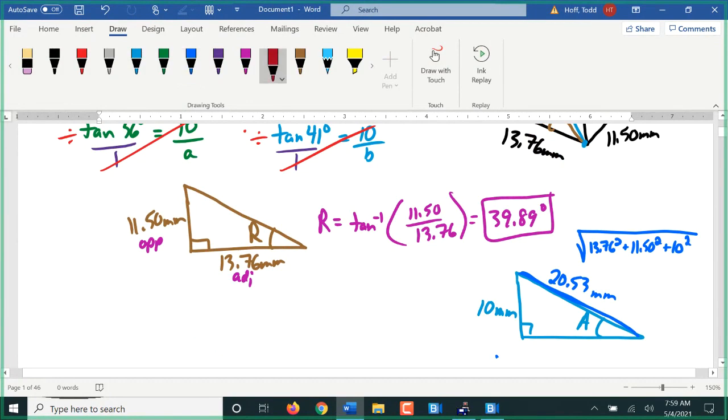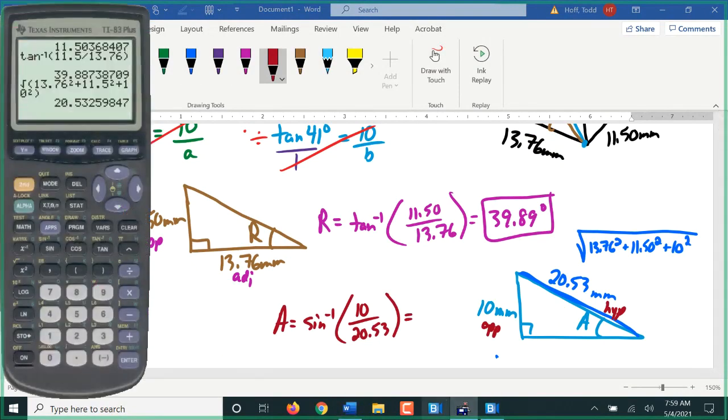And now from angle A, we have the opposite side and the hypotenuse. So it's going to be sine. We're looking for the angle. So A is going to be the inverse sine of our opposite side of 10 millimeters divided by our hypotenuse of 20.53 millimeters. Second sine, 10 divided by 20.53.